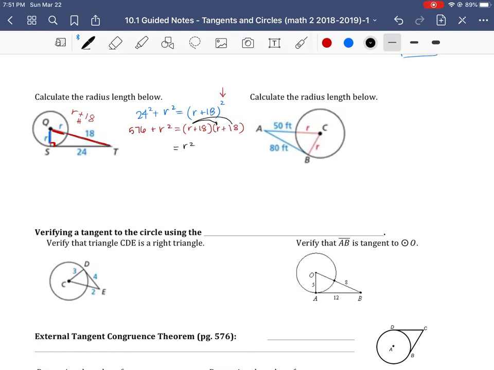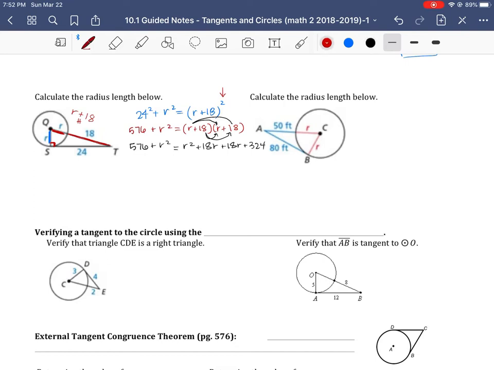So we get r squared. Let me put my equal sign there. r times 18 is 18r. r times 18 is 18r, and then we go 18 times 18, which is 324. On the other side, I still have the same thing, so nothing's changed over there. And then we start to simplify.